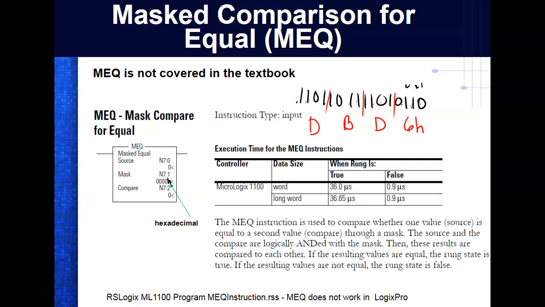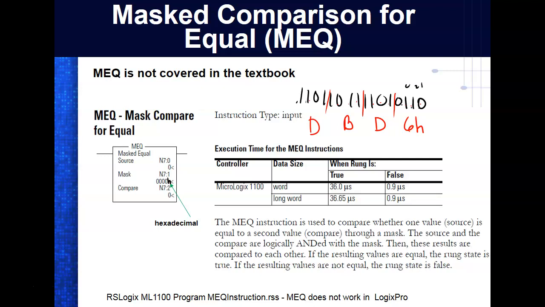That makes sense? And by the way, when you enter these numbers, you can enter them in hex too, right? Do y'all understand that? Yeah. So, masked compare. I'm sorry, check to see if it's equal, but before it checks equal, it does what? It masks it with its AND mask.